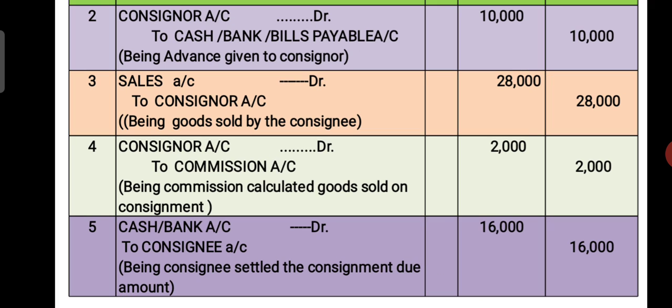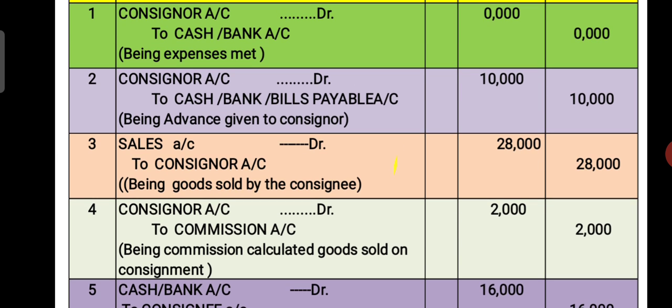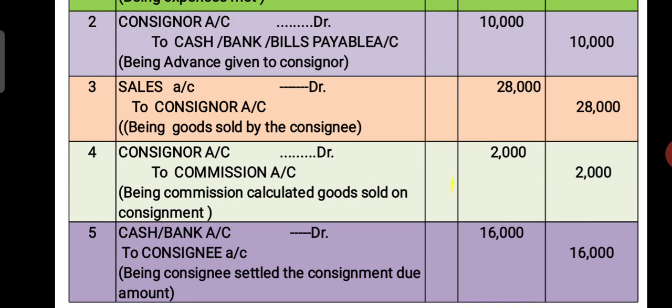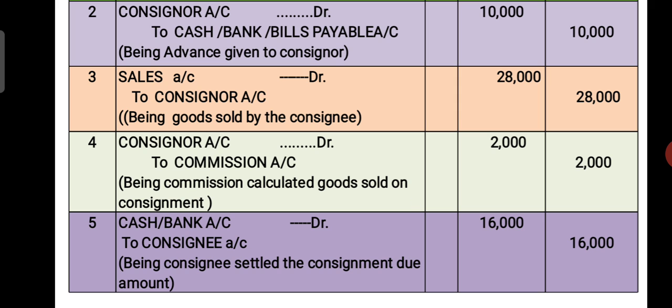Here it is wrongly printed. The actual entry is consignor account debit to cash or bank account. The same entry as the second entry will be repeated as the fifth entry when the account is settled.